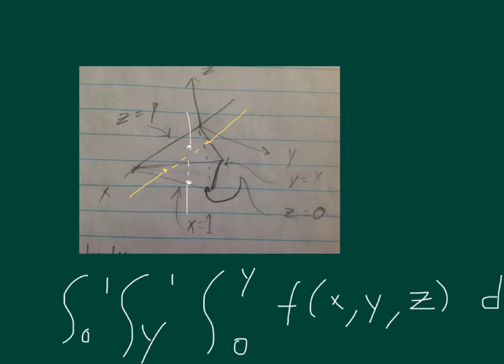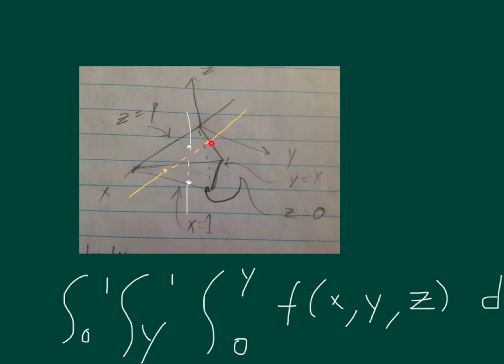So in terms of x, the lower limit of that integral would be y, and then it extends all the way through, and then it comes out right here at this surface, and we understand that surface to be of the equation x is equal to 1. So the lower limit of that integral would be y, and then it would come out to x is equal to positive 1.